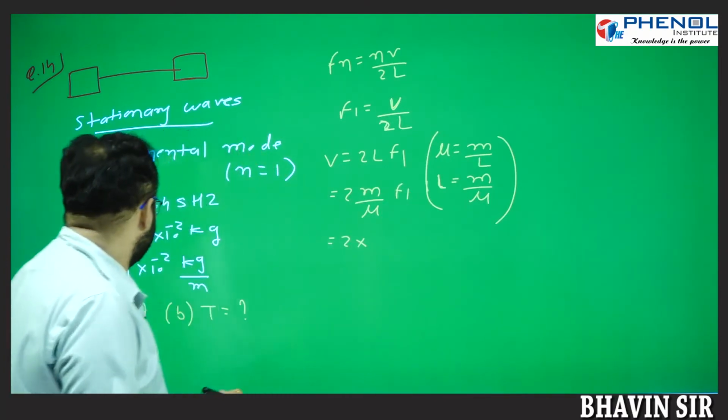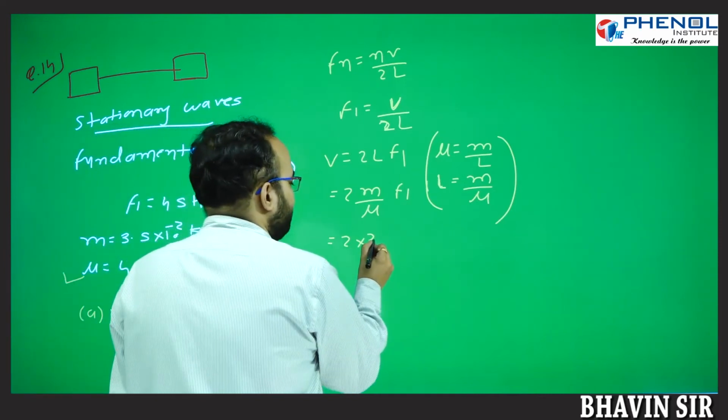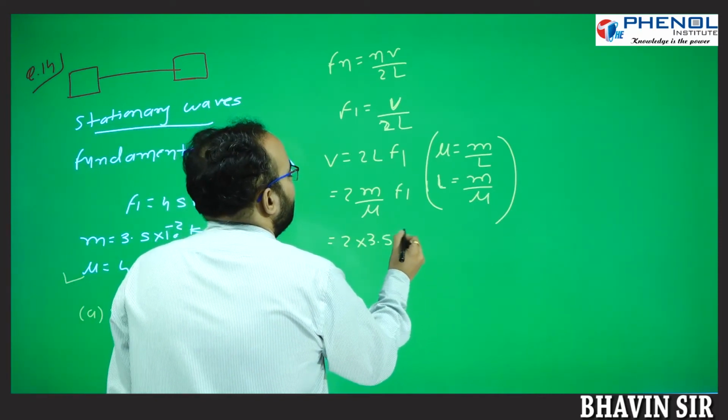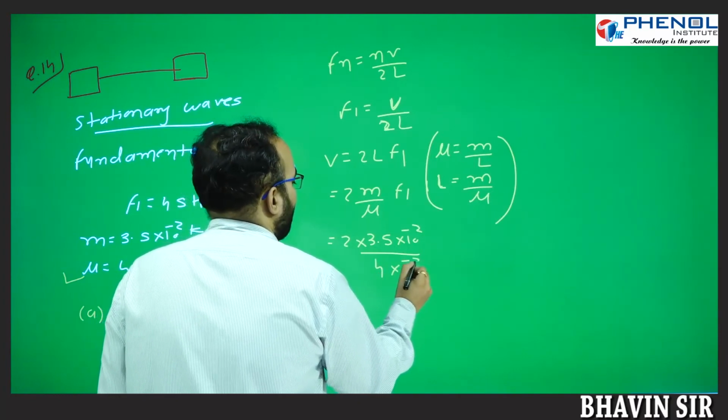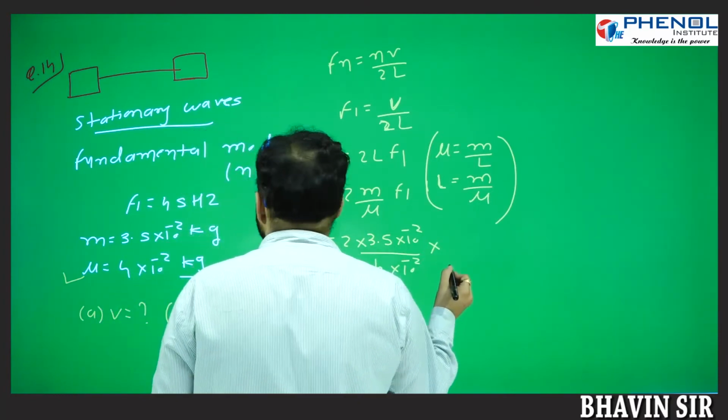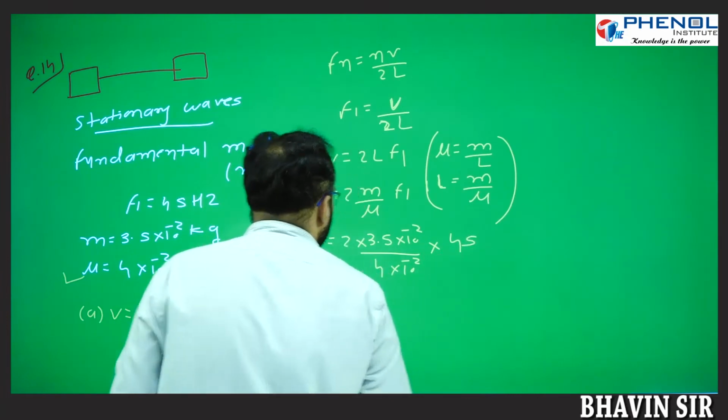What is mass? What is linear mass density? What is F1? 45.